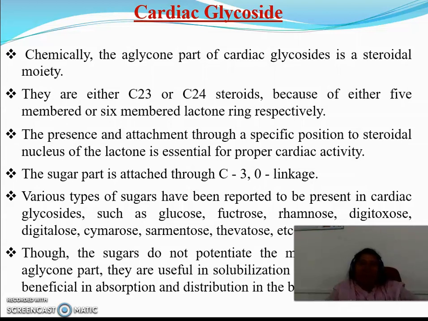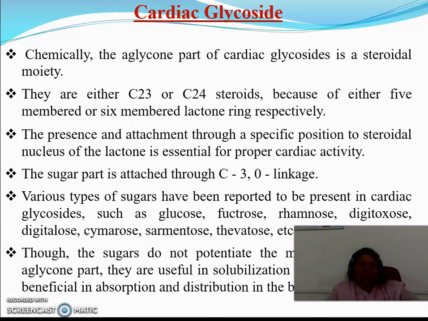Now let's see what is cardiac glycosides. Chemically, the aglycon part of a cardiac glycoside is a steroidal moiety. This steroidal moiety may be either a C23 or C24 unit because of either a 5-membered or 6-membered lactone ring respectively.